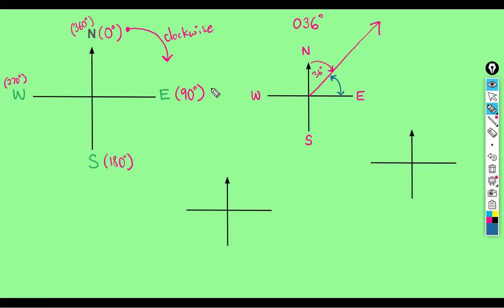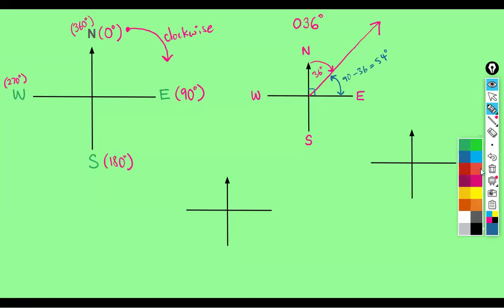Remember, from north to east would be 90 degrees. So if this is 36, how much do you need to make this? Won't it be 90 minus 36, which I believe is 54 degrees, right? You have to be able to reason out, using a little bit of common sense.